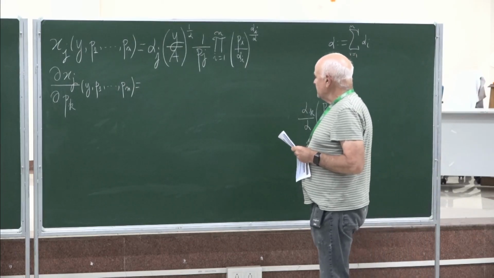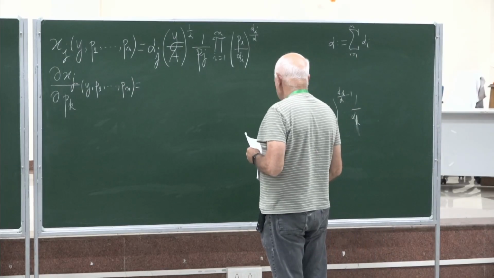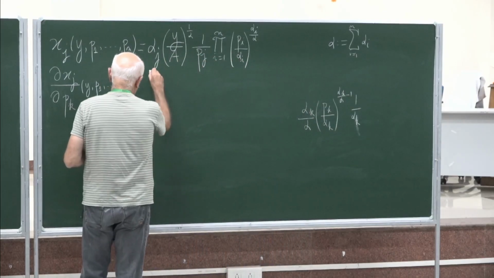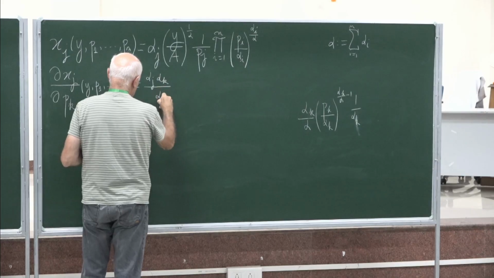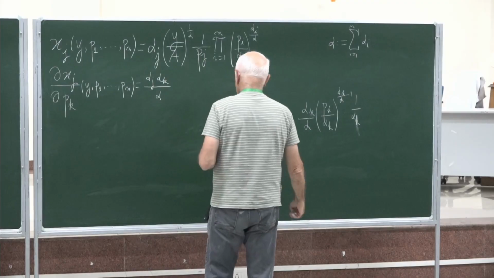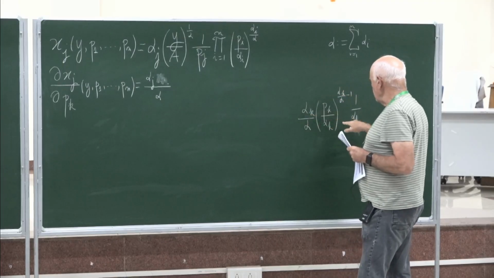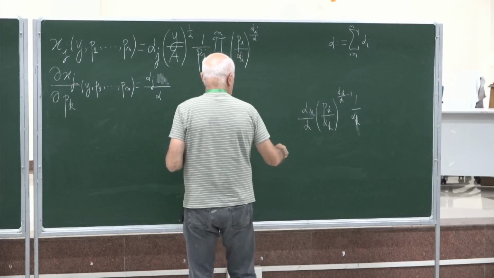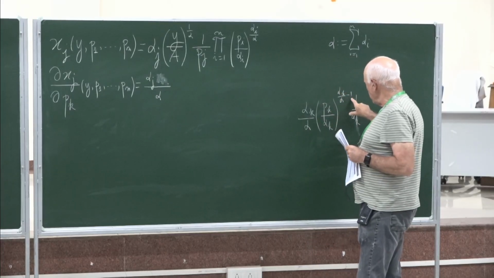So I get alpha_j alpha_k divided by alpha, but this alpha_k simplifies with this one, and then, however, I get another alpha_k coming from this minus 1.